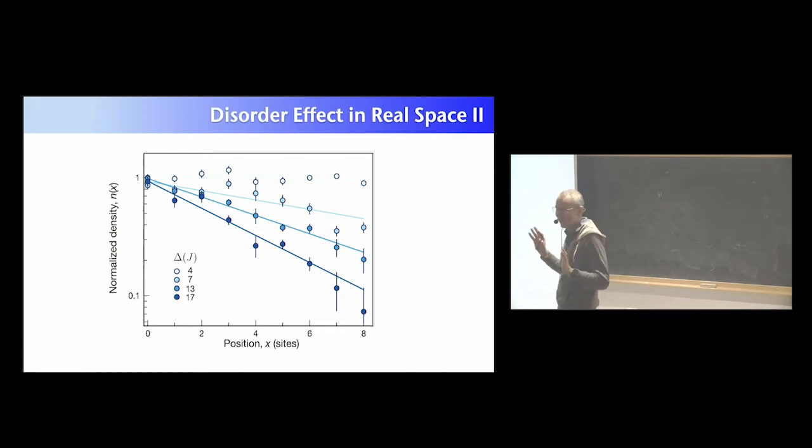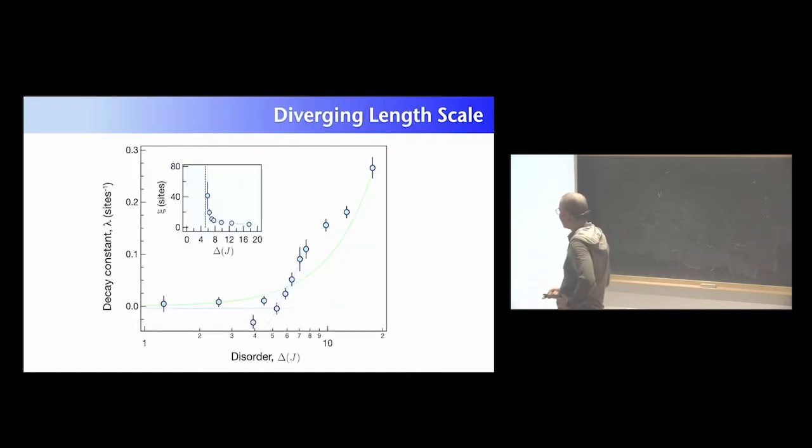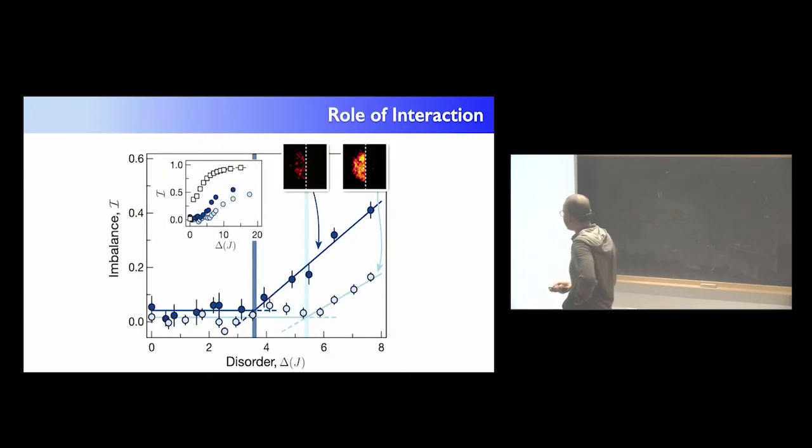That's just an experimental way. I don't know how that relates to the localization decay length or to the Anderson decay length. But this is just a way of measuring that experimentally. And then we can also see that indeed this decay length seems to diverge at this transition point of around 5. Okay, just another way of analyzing the data, showing that something seems to be happening here.